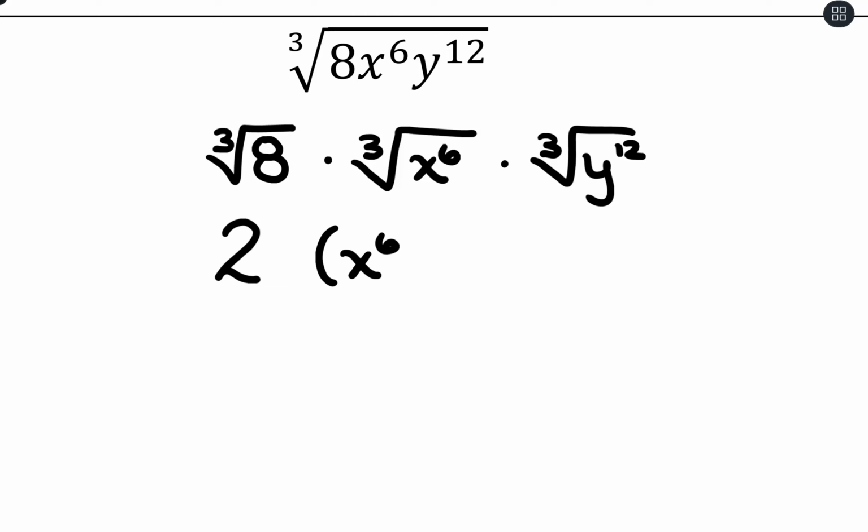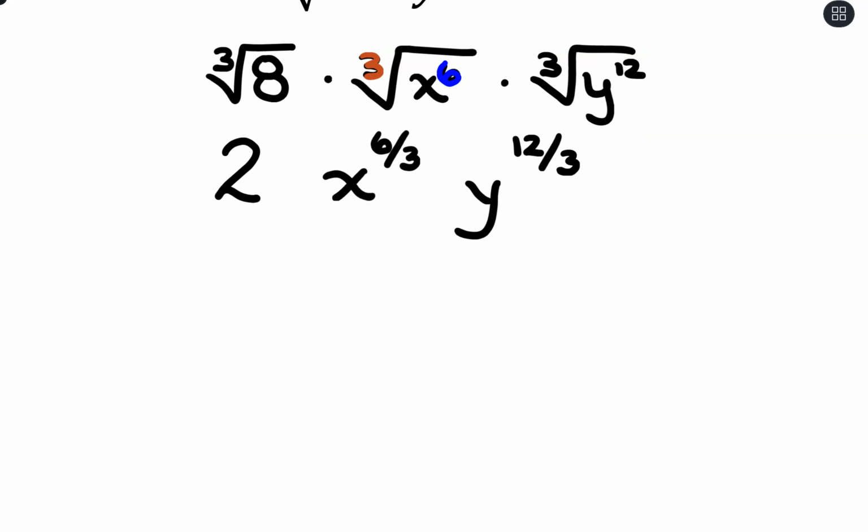We have x to the 6th, and we can even go one step more easily if we have our exponent, we have our index. So what I can do is express this as x to the 6th power divided by 3. And same thing here with y to the 12th power divided by 3.